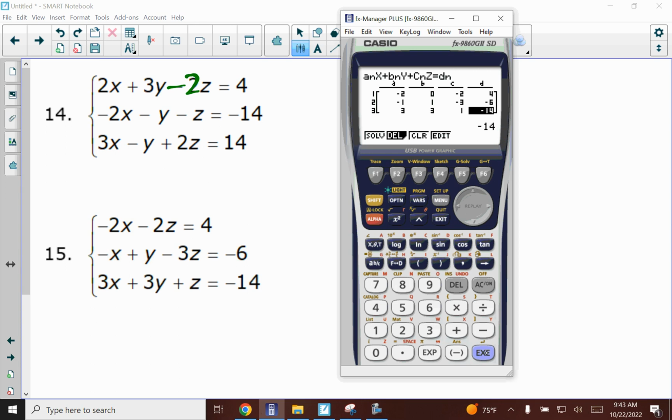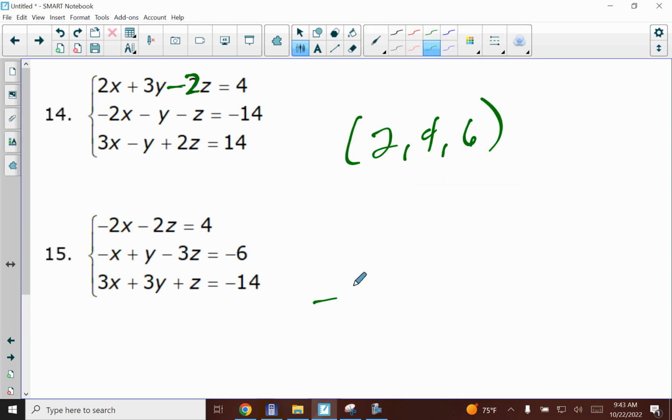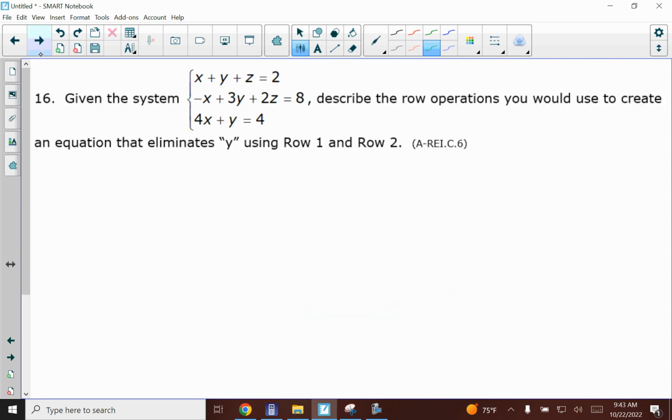So I'm going to just double check again. So -2, 0, -2, 4, -1, 1, -3, -6, 3, 3, 1, -14. So my answer is -6, 0, 4. Pretty easy stuff when you've got a calculator.